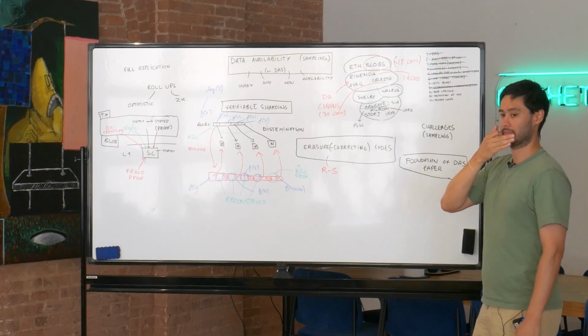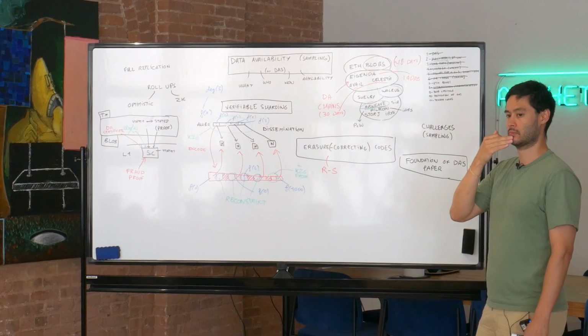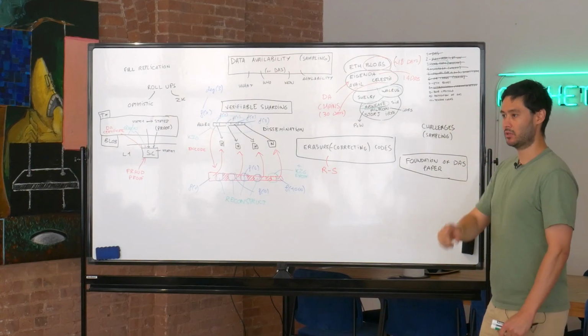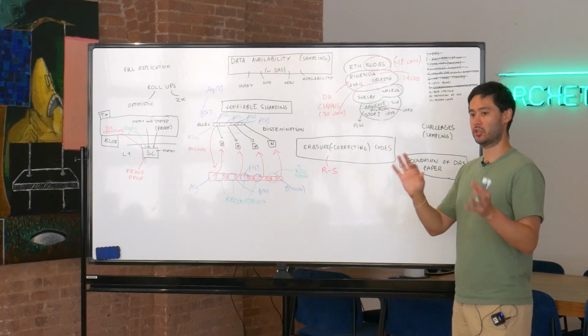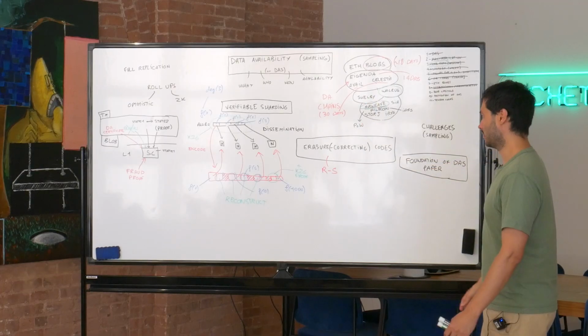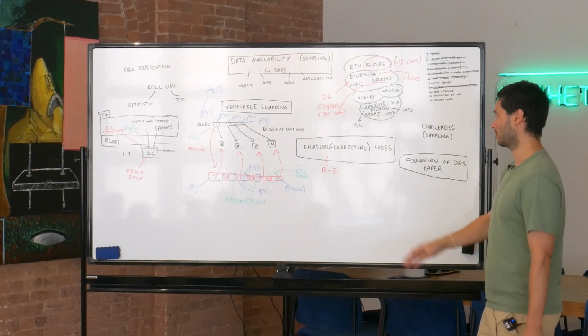So sampling is the idea of challenging nodes that store data on whether they actually have it. Is that correct? It's important because that's basically where most of the confusion is in this DA field, because some people use it more as a way to challenge the network, like you just said.